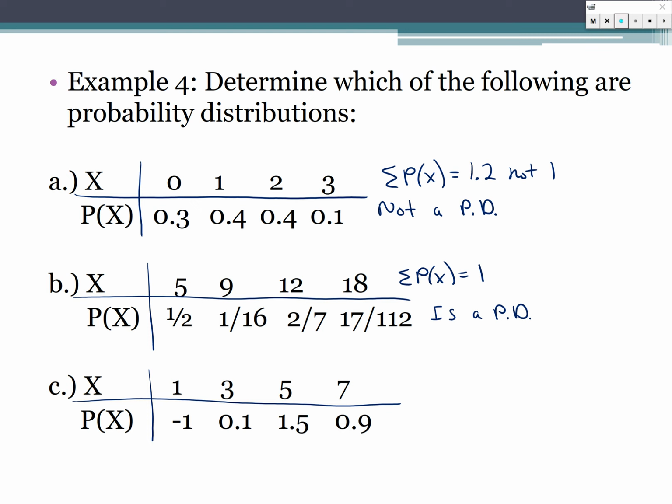Last but not least, if I add together the sum of our probabilities, I end up with 1.5, not 1, so it strikes out on the first one. But the other thing we also want to note is we have a negative probability.